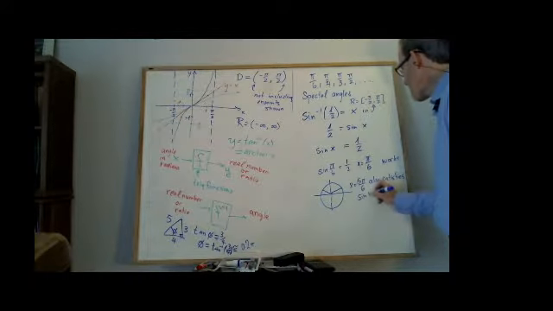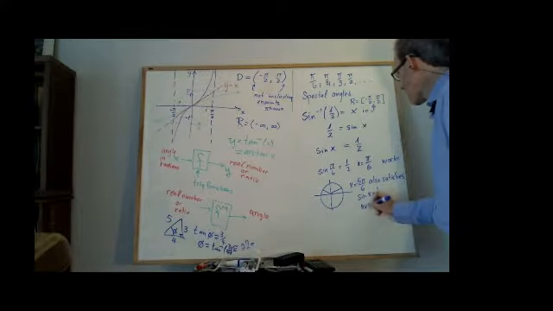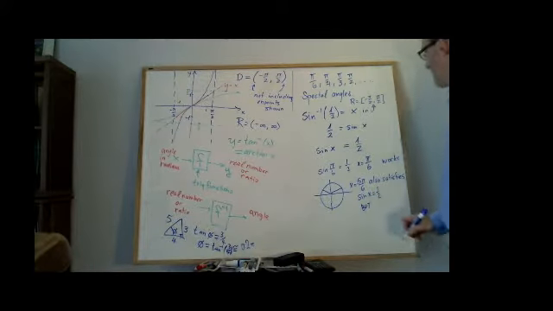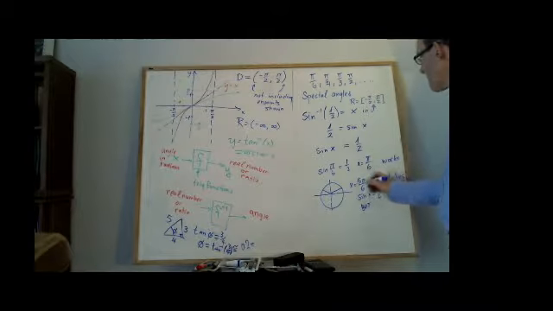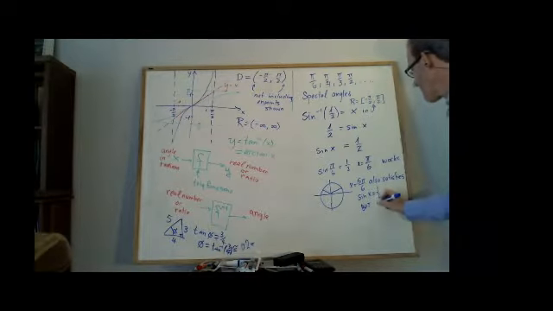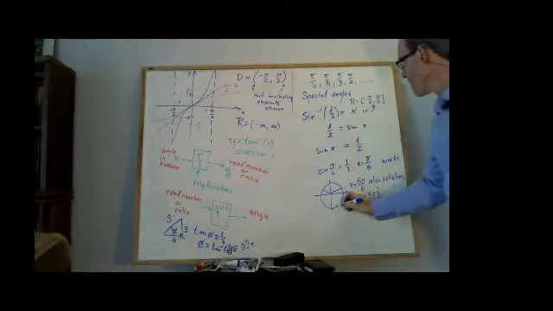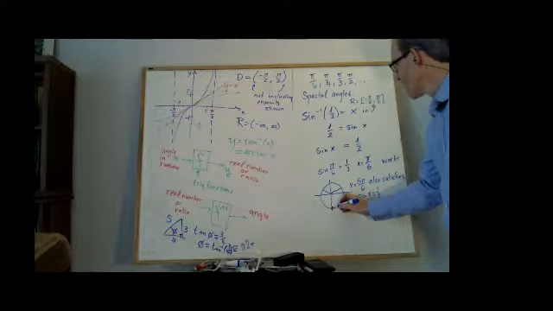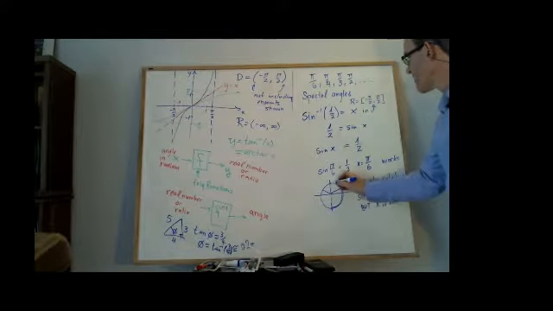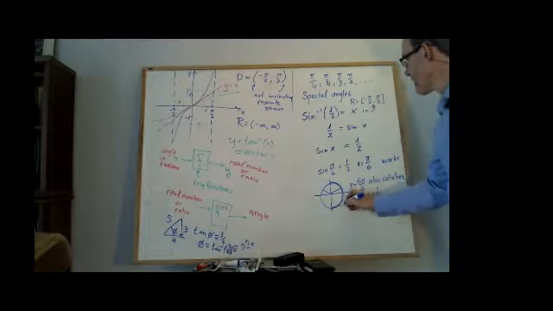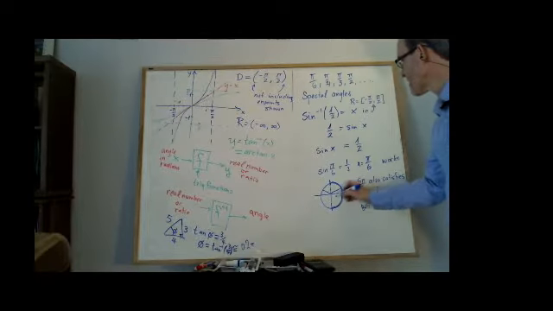If you plug it in, sine x equals 1/2, but what's different here is that this value of x is not in the range, sorry. The range is from minus pi over 2 to plus pi over 2, which is this sector of angles here.